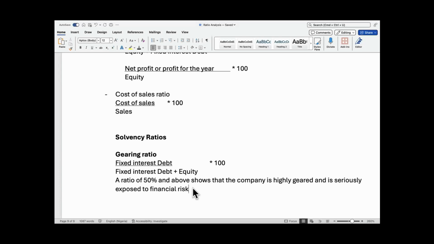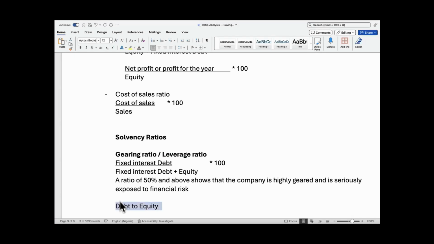So that's gearing ratio. You can find it in the exam also being called leverage ratio. When you are leveraged, it means you're able to use other people's resources to fund your operations. Another one you can find, very similar to gearing ratio, is that the examiner can call it debt to equity ratio.